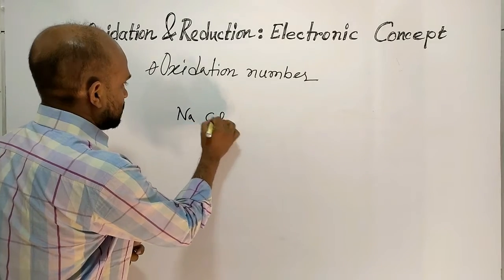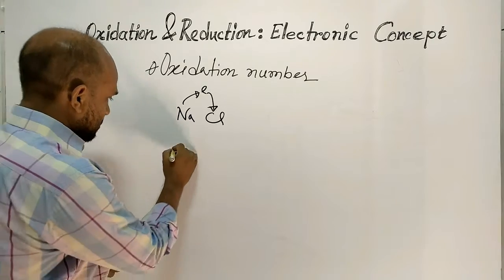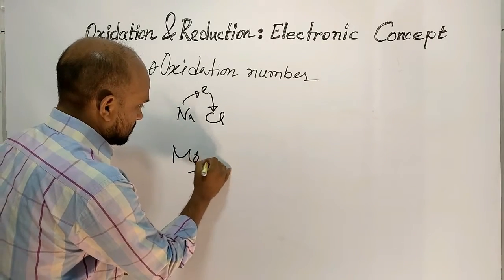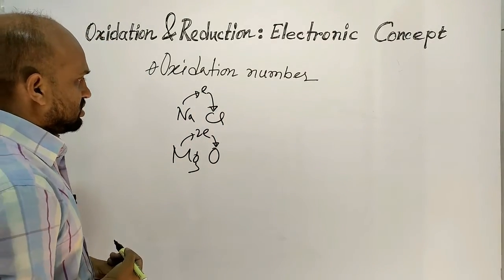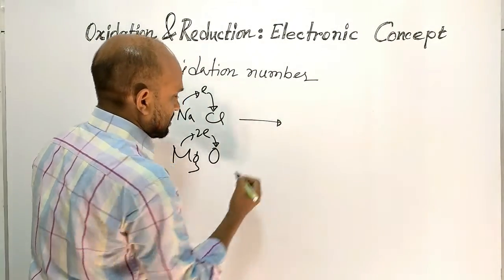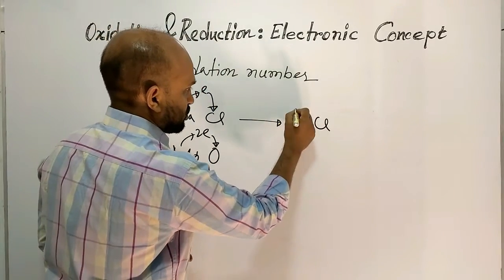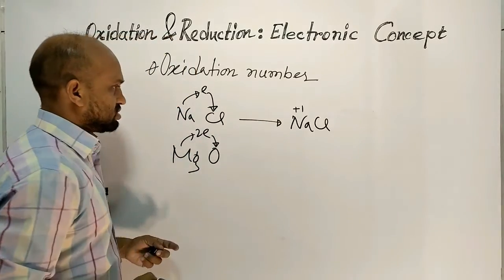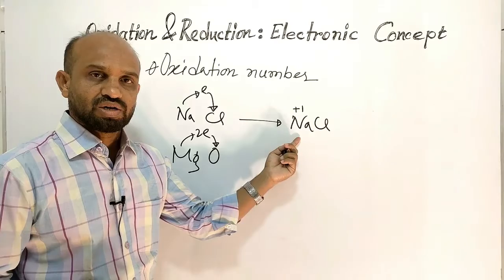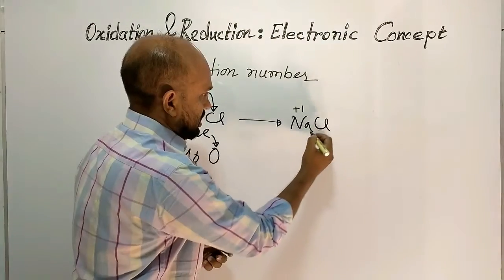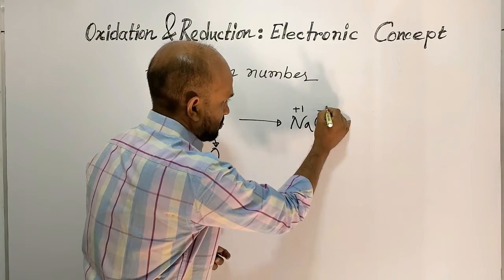That is why we can write at the top of the sodium +1, because in this compound sodium donated 1 electron and chlorine accepted that electron.